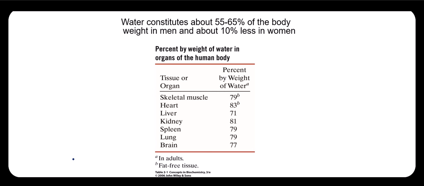Water constitutes a big portion of the body. Don't worry about knowing these numbers, but it's our solvent for so many things. So we're going to see it in so many reactions, so many steps, so many processes, so many everything.